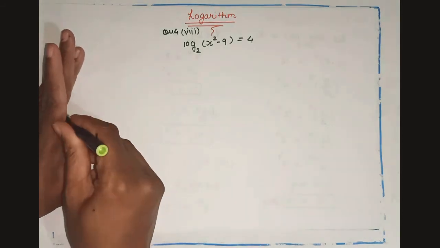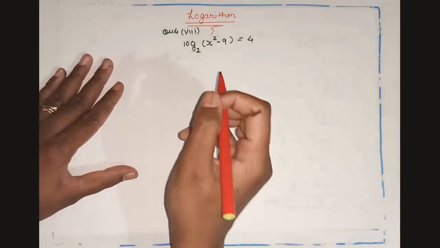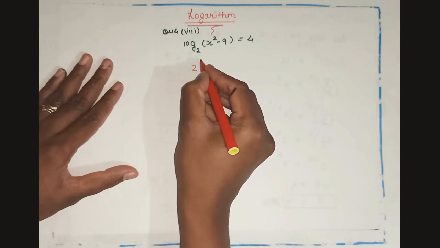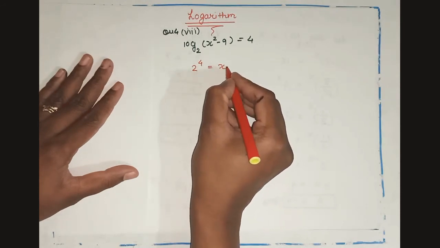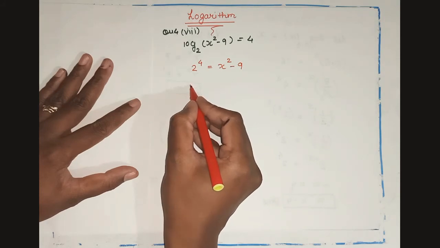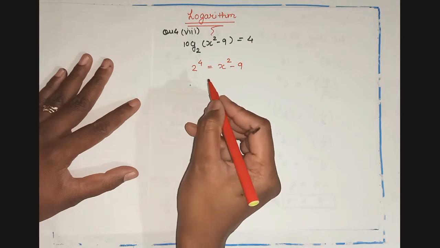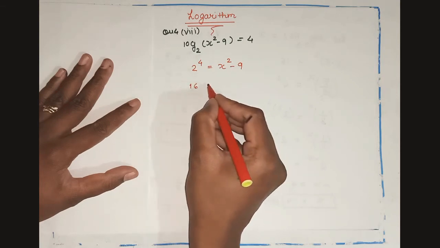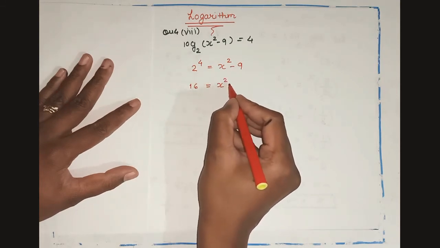So let's solve it. What you will get here is 2 to the power 4 equals x square minus 9. So 2 to the power 4 means 16 equals x square minus 9.